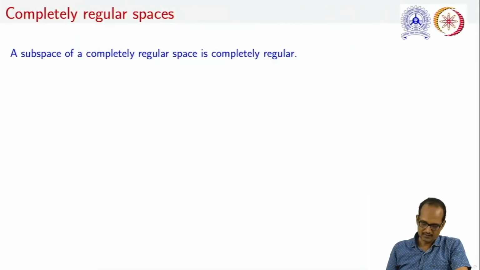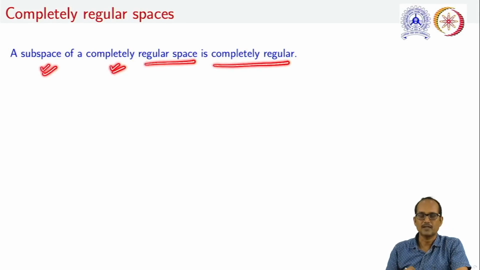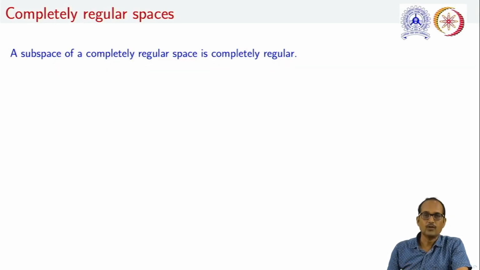Now let us see a simple result about a completely regular space which we have to use. What this result says is that a subspace of a completely regular space is completely regular. In order to justify this result, let us take a completely regular space (X, tau).